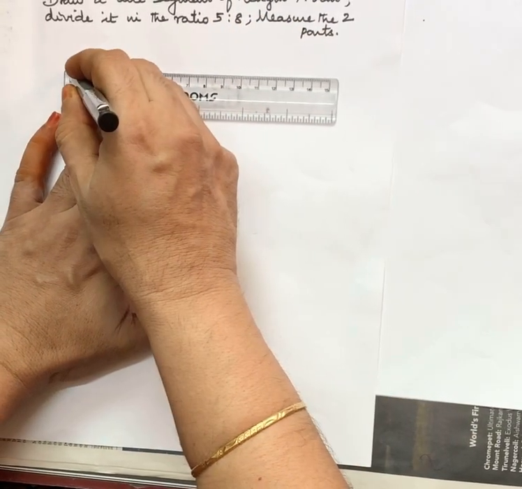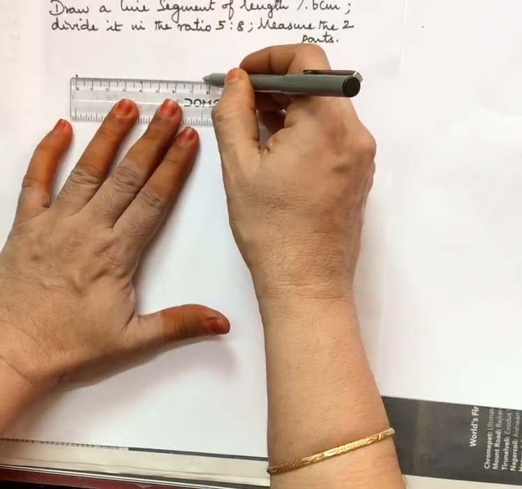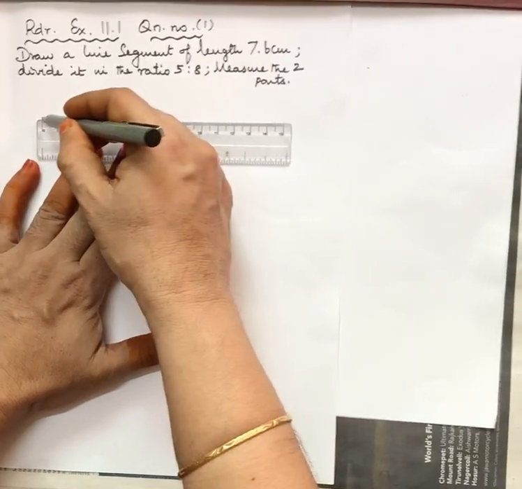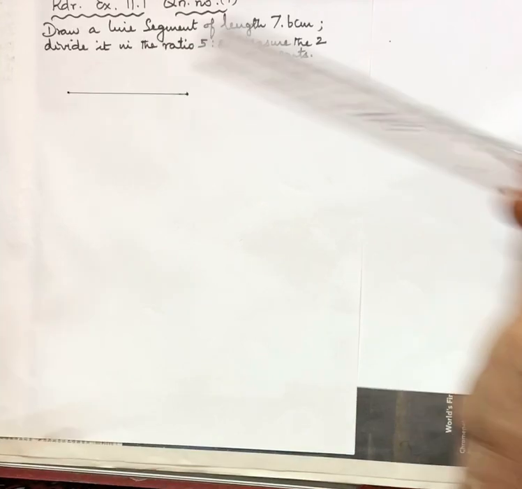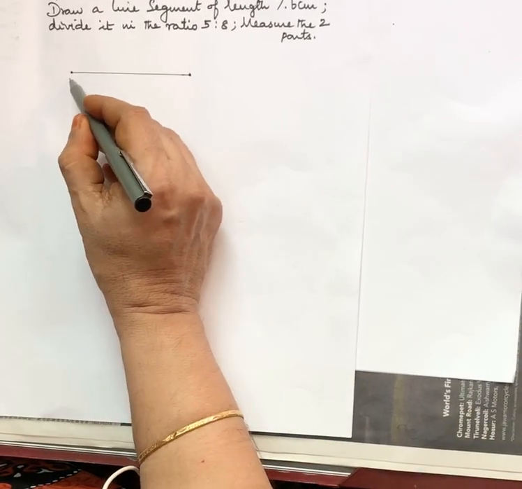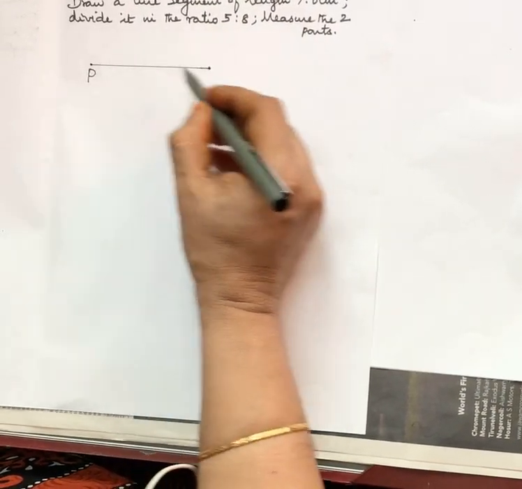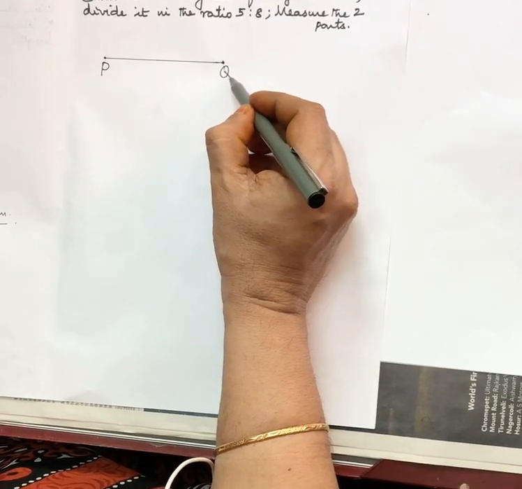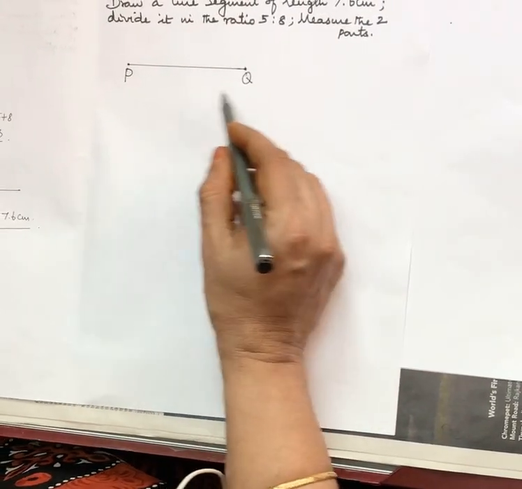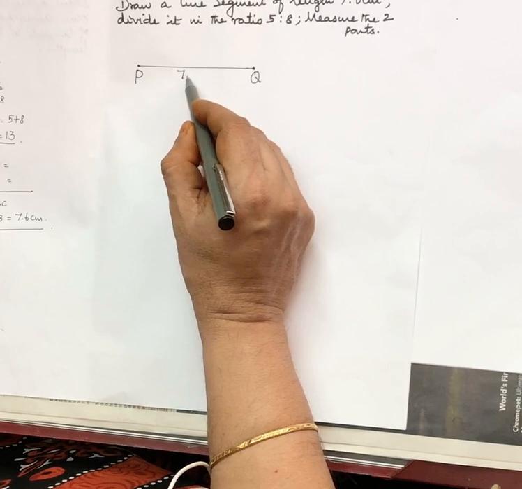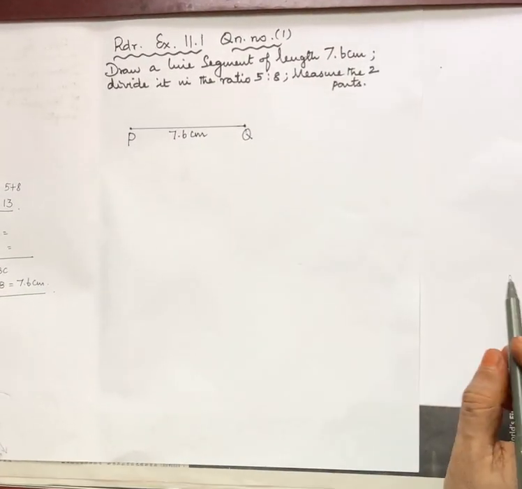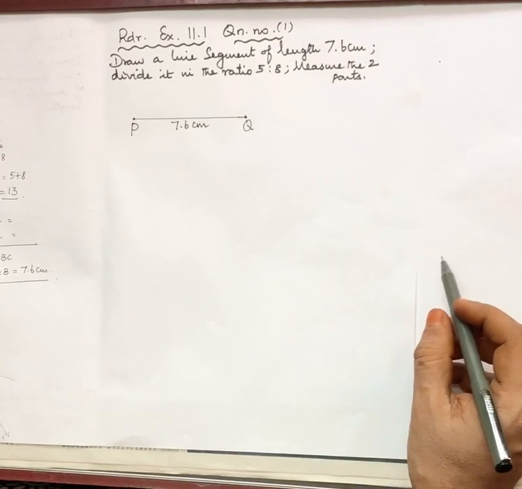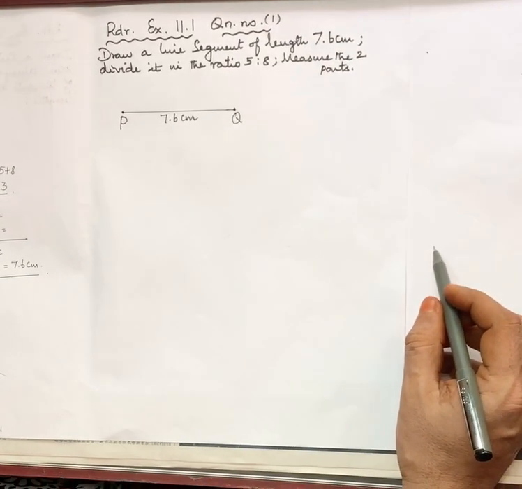Draw a line segment for the measurement 7.6. Mark, join them. Now, remove the scale. Name it as PQ. One end P, another end Q. So, the measure of this line segment is 7.6 centimeter. This is the first part.